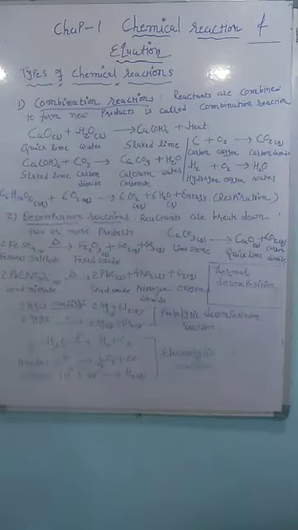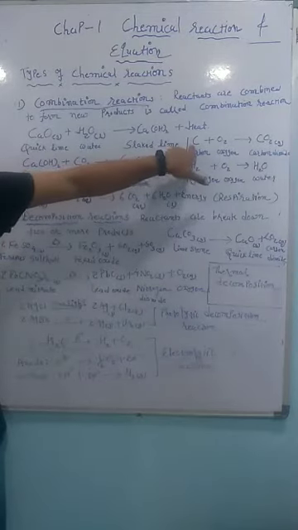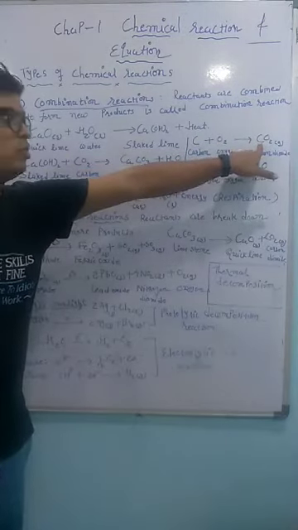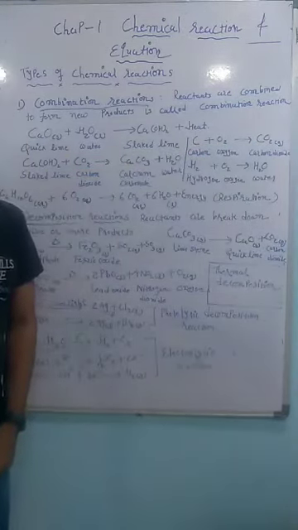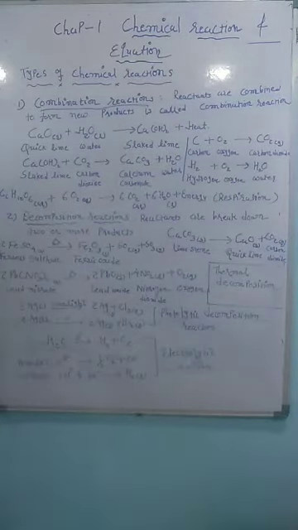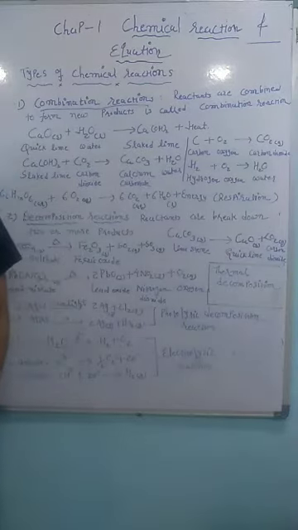Another good example of a combination reaction is carbon. 1 mole of carbon reacts with 1 mole of oxygen and produces 1 mole of carbon dioxide. Where is carbon available? Carbon is available in coal and coke, not the coke we drink. Coke is a mature form of carbon.